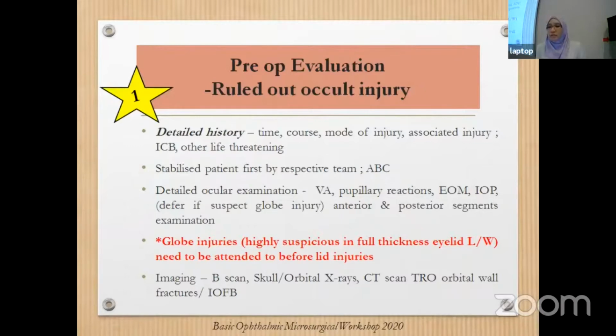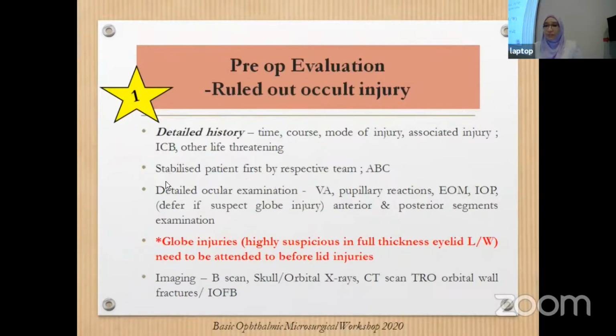You must ask the patient for a detailed history, how this happened, including the time and the cause, because it's very important for medico-legal purposes, and then the mode of injury, associated injuries, and other life-threatening injuries, for example ICB, intracranial bleeding, or lung injury, cardiac contusion. So this patient needs to be stabilized first by the respective team. Usually we get referrals from the BD team, right? Make sure that this patient is stabilized first.